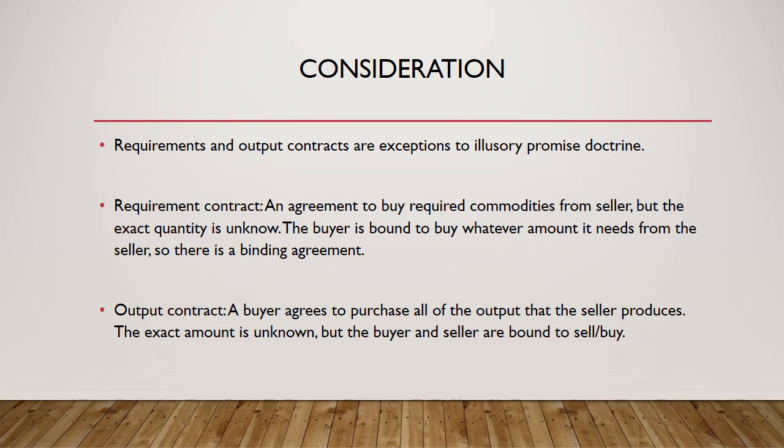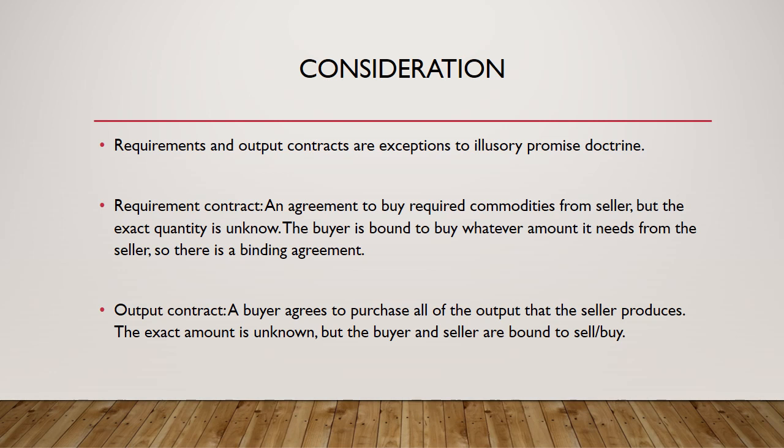So you'll have a binding agreement even though there may be a question of consideration because you don't have a firm commitment of what one is doing. They're not promising to buy 500 gallons of oil. Instead, whether they need 500 or they need 100 or they need 1,000, they're going to buy it from you, and so there's a binding agreement.